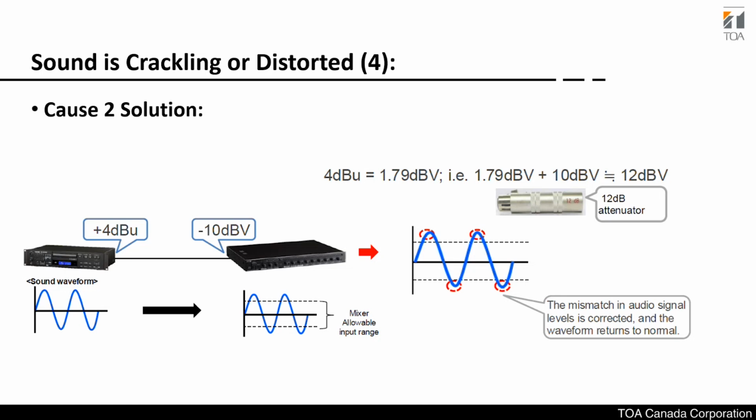Here we can use a 12 dB attenuator to attenuate that signal to match the reception side of the mixer. For your information, dBV represents the magnitude of the voltage referenced to 1 volt, and dBu represents the magnitude of the voltage referenced to 0.775 volts.